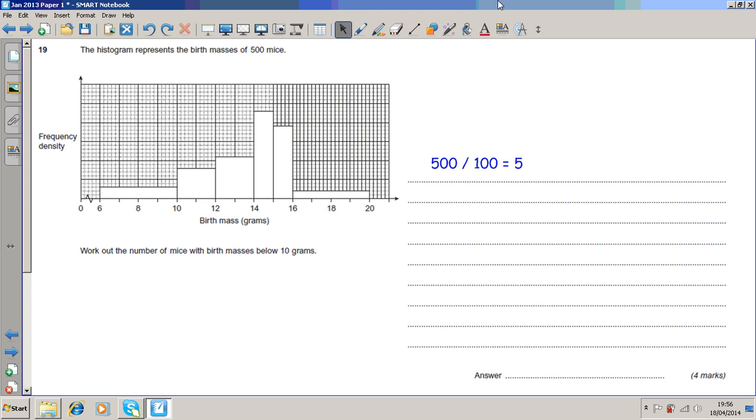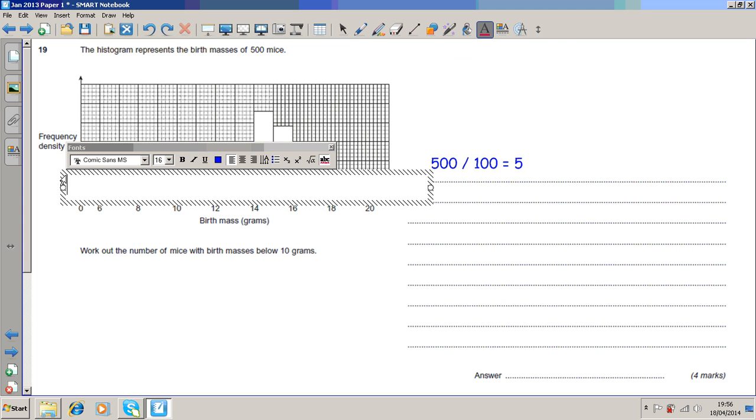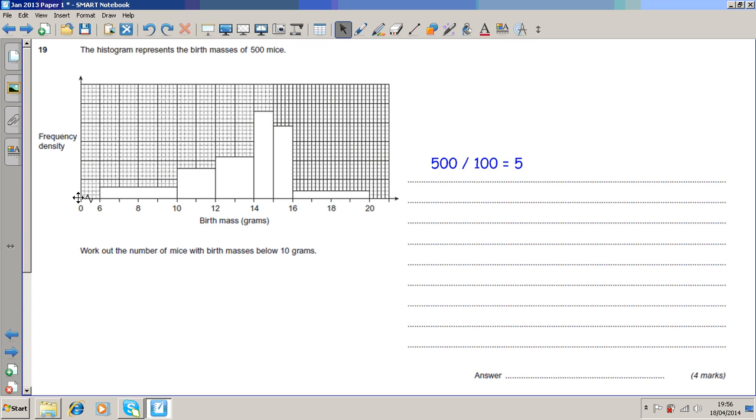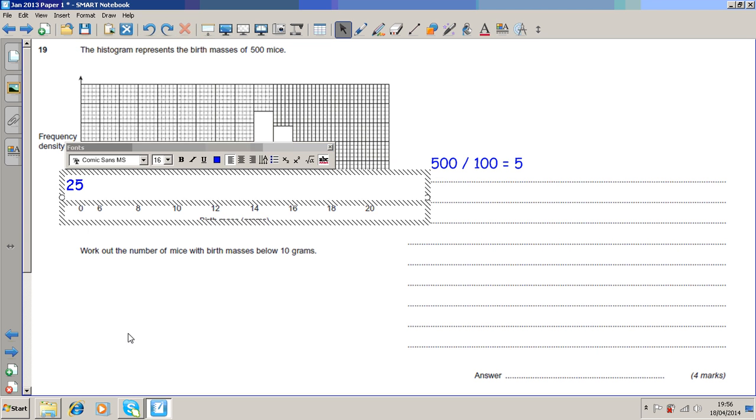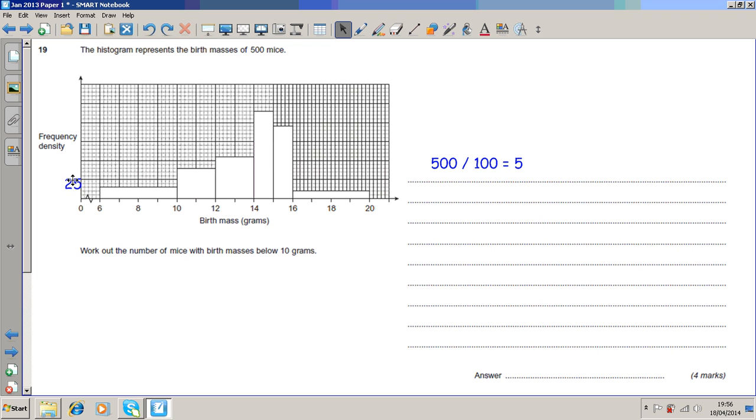Okay, so that's the first bit, which means that each little square there represents 5, so that is going to have to be 25.